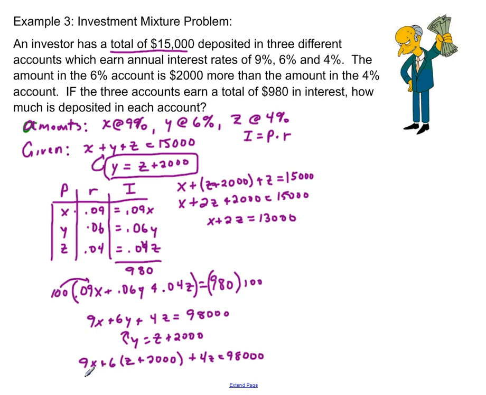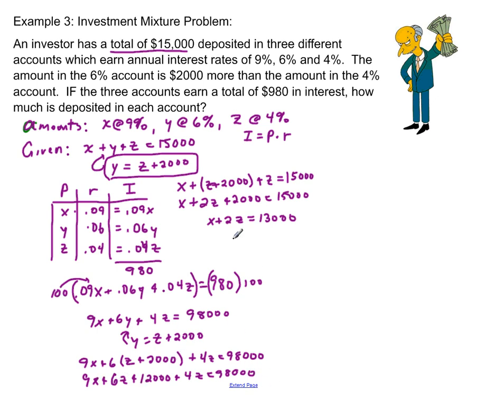So I'm going to have to simplify right here. 9x plus 6z plus 6 times 2,000 gives me 12,000 plus 4z equals 980,000, pardon me.